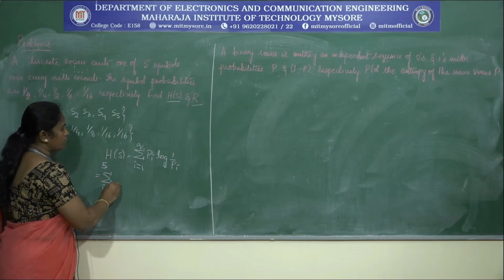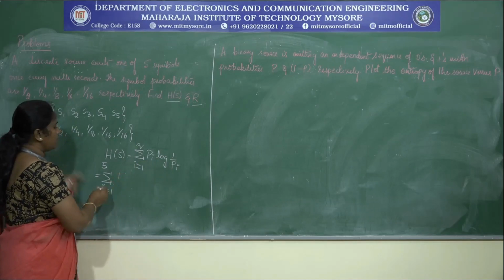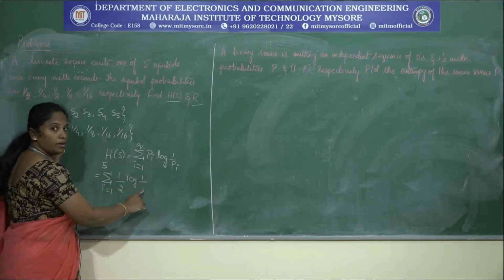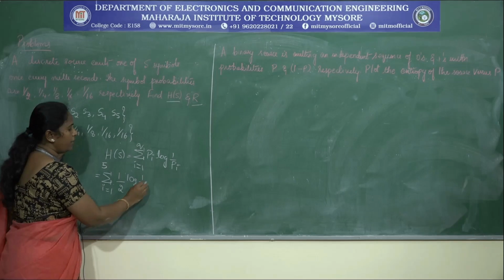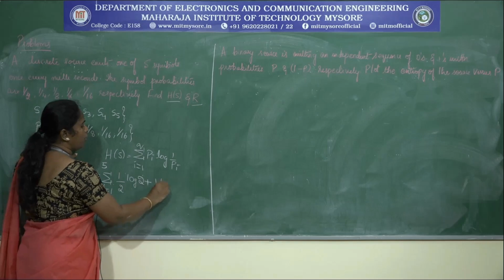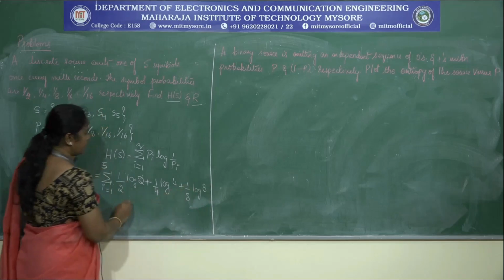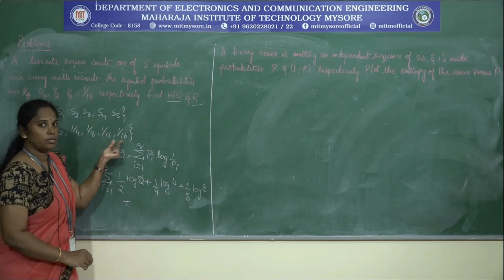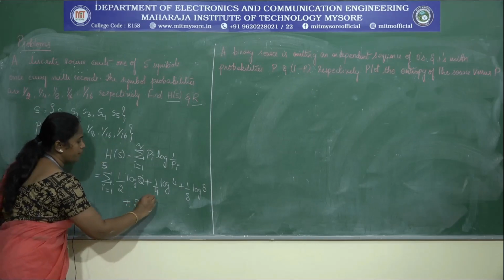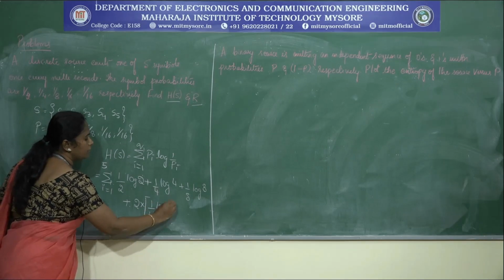Corresponding to those, we also need to write their probabilities, so I can write it as 1 by 2 log of 1 divided by 1 by 2, that is log 2, plus 1 by 4 log 4 plus 1 by 8 log 8 plus, since we have 2 source symbols here which are similar, I can write it as 2 into 1 by 16 log of 16.